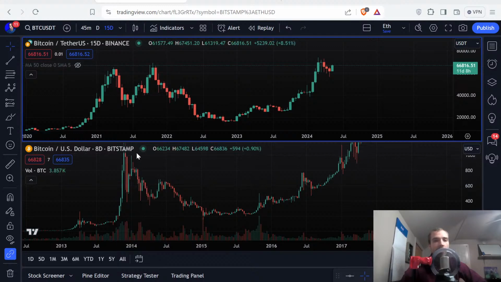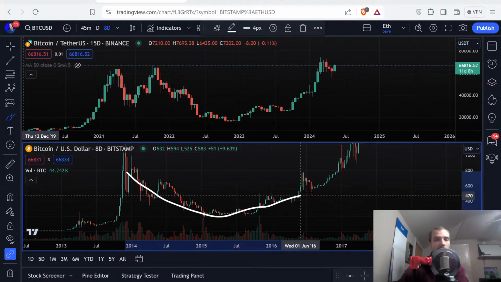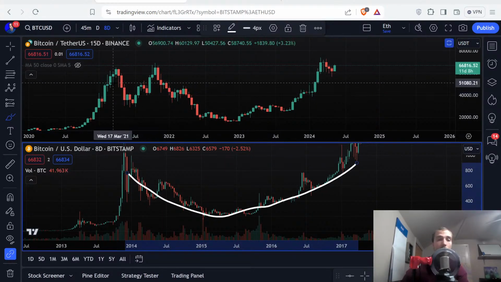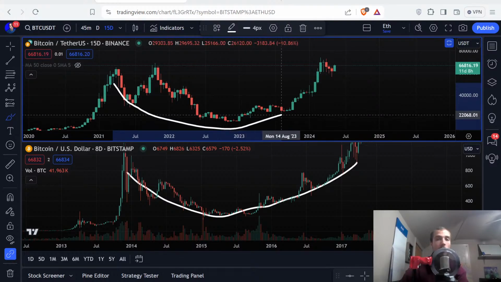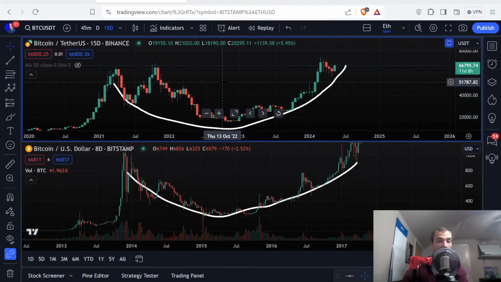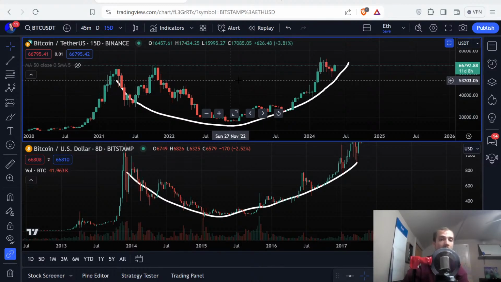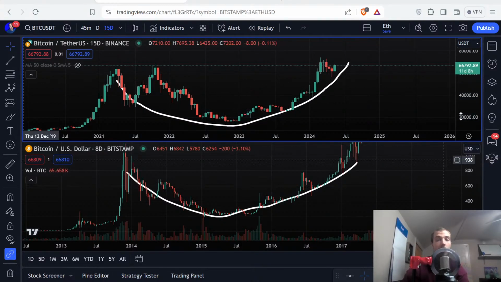So you guys can see here on the bottom, this huge rounded bottom on Bitcoin happened between 2014, 2015, 2016, 2017, which led to the 2017 bull market, which was one of the most profitable and lucrative bull markets in history ever, like human history, not just crypto history. And we're doing it again.